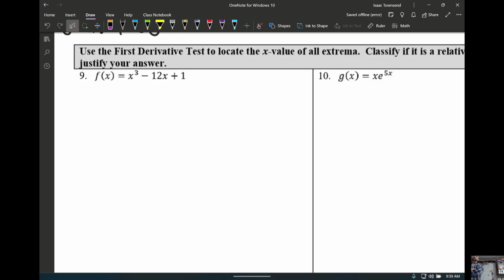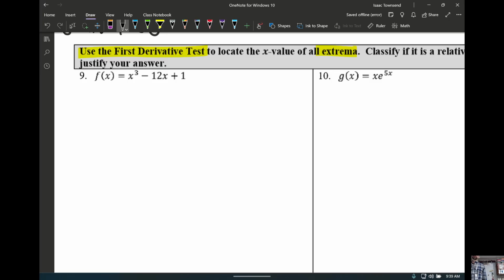Okay, so the only difference with question 9 now is that it is not the derivative. So they have finally moved us to where we need to be for the test for this question type. So if you want to use the first derivative test and you want to find the extrema, you should do what we've been doing on this entire worksheet.